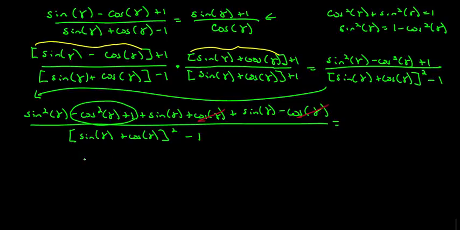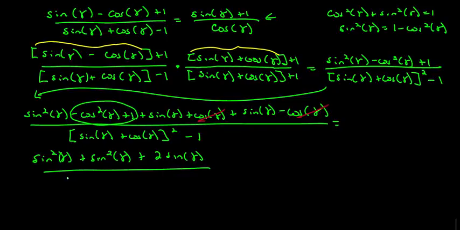So I would end up getting the following. So sine squared gamma plus another sine squared gamma, so I got two of those, plus 2 sine gammas. And then on the bottom, I've got sine gamma plus cosine gamma, that thing squared minus 1.